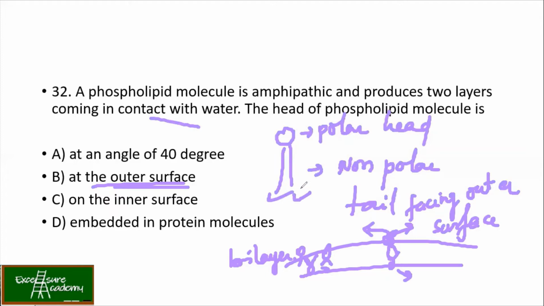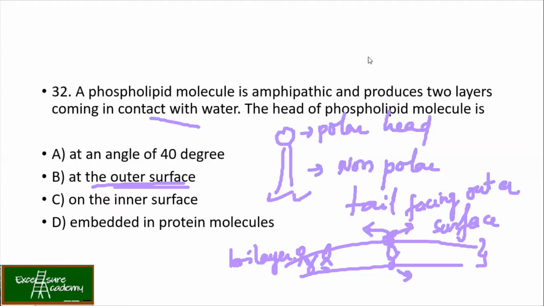They usually occur towards the center of the membrane, and hence the membrane center becomes hydrophobic in nature. So it results in the formation of the lipid bilayer whenever it comes in contact with water. So finally, the answer is that the head of the phospholipid molecule is present at the outer surface.